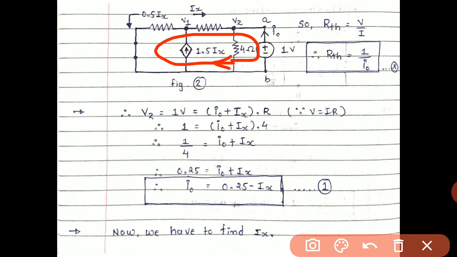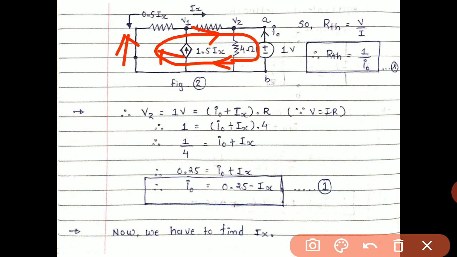Suppose we keep the direction of current in this manner. The current will be opposing, so minus 0.5 Ix multiplied by the resistance of 5 ohm, plus Ix times 3 ohm, that is 3 into Ix, then plus 1 volt equals 0.